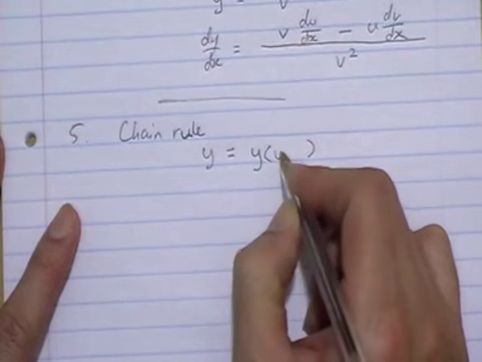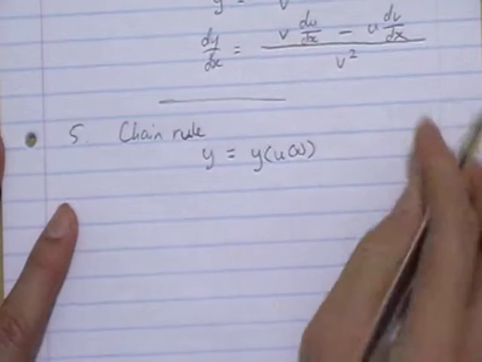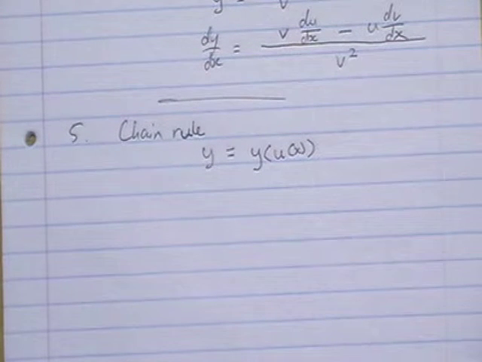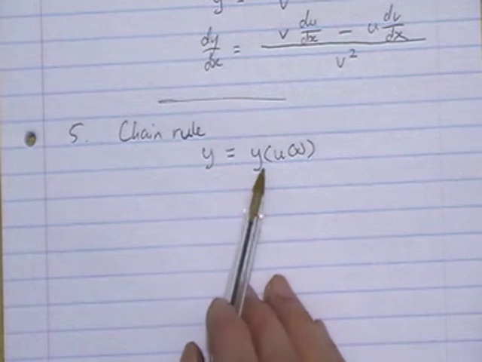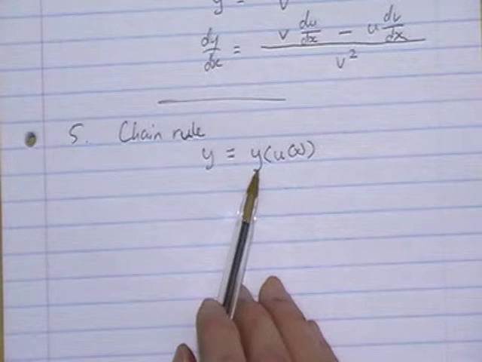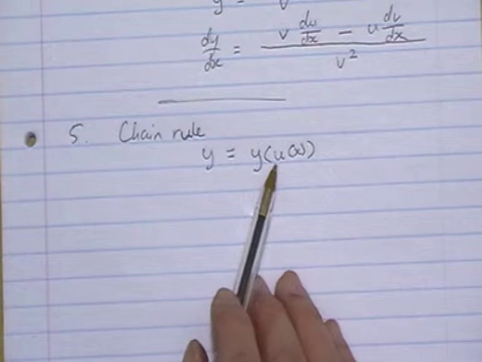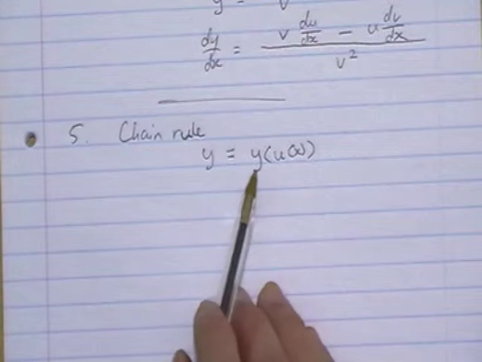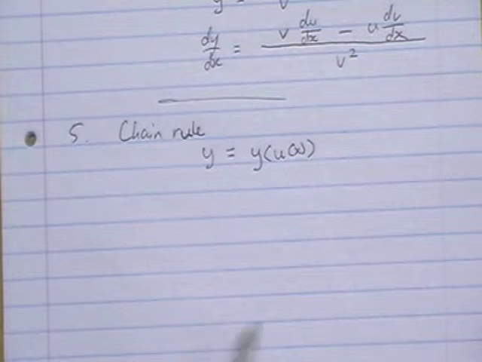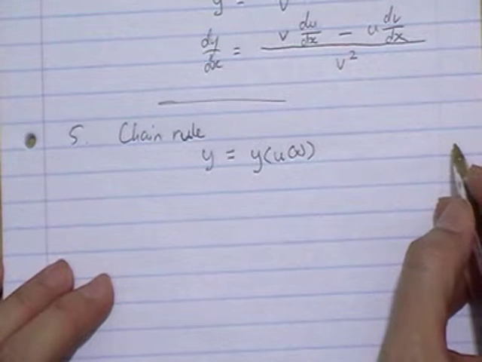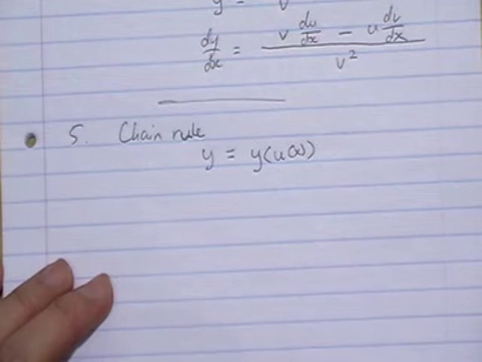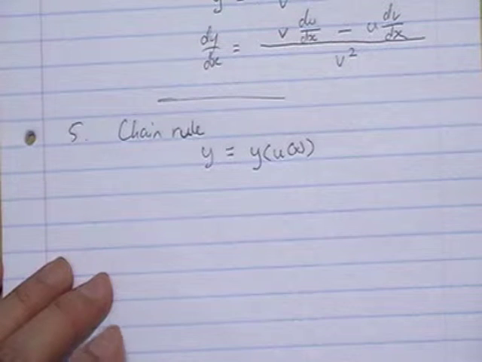So y is a function of u, and u is in turn a function of x, a composite function. And suppose that we know how to differentiate y by u, and we know how to differentiate u by x.